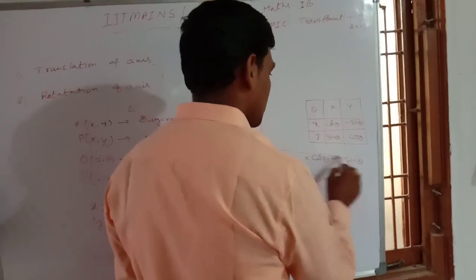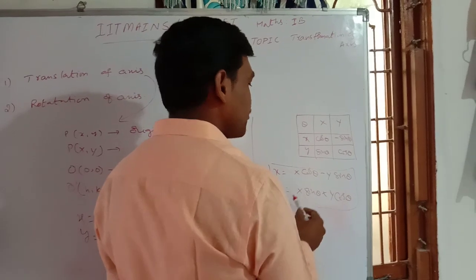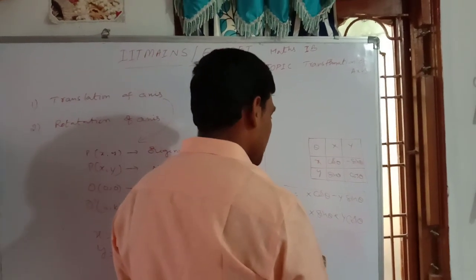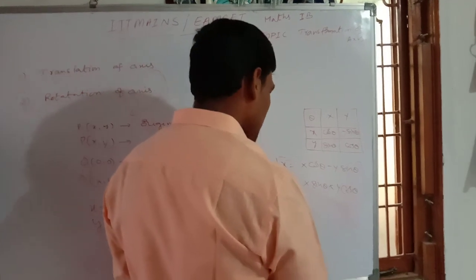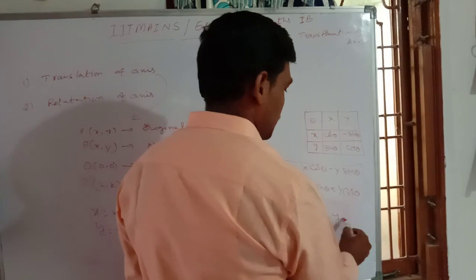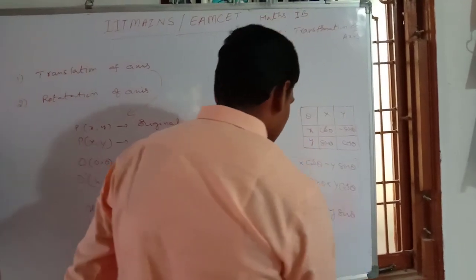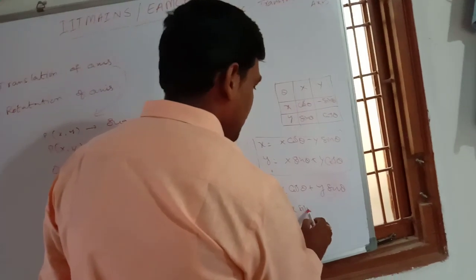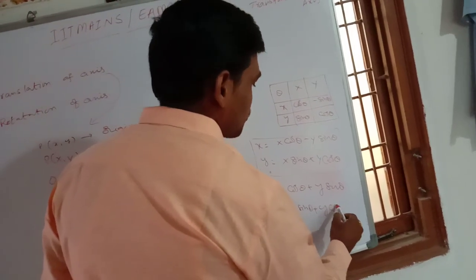Now to find the transformed equation, the values of small x and small y, and again capital X is equal to small x cos theta plus small y sin theta, and capital Y is equal to minus x sin theta plus y cos theta.